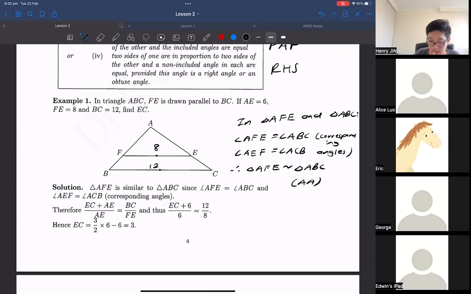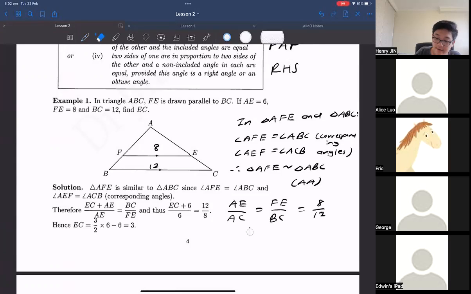Okay, so now that you know they're similar, your proportion of sides is about 8 to 12 here. They're asking you to find AC. So what's relevant is AE over AC equals FE over BC, so equals 8 over 12. You can just say that because they're similar triangles. And now we want to find EC.